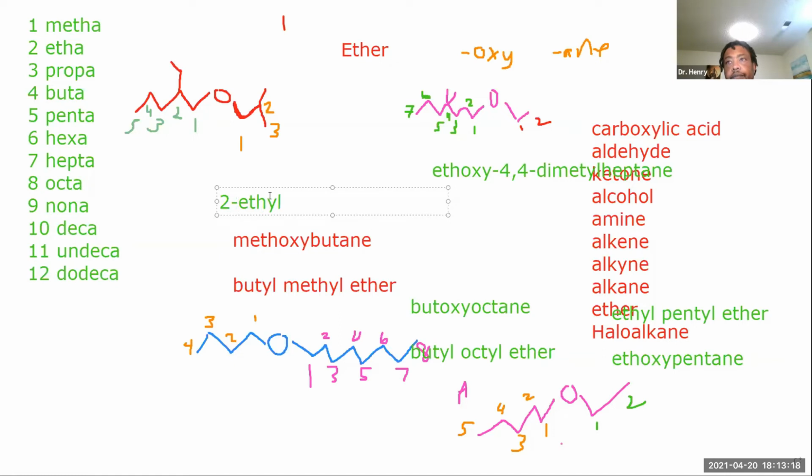I thought it was going to be dimethyl. Nope. Why would it be dimethyl? Because that's 2 chains that are connected to each other. If it was 2 independent chains like this, then that would be a dimethyl. Oh, okay, I see. Okay, so we have 2-ethyl.